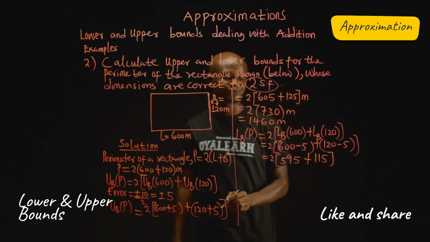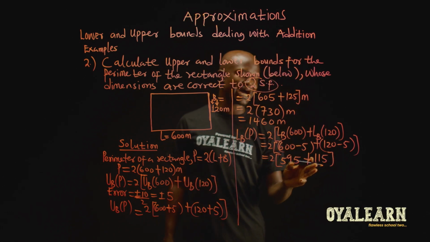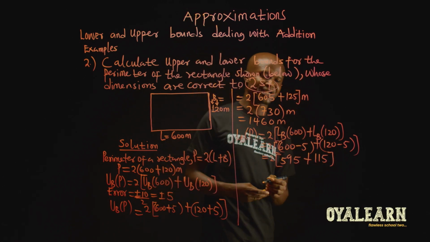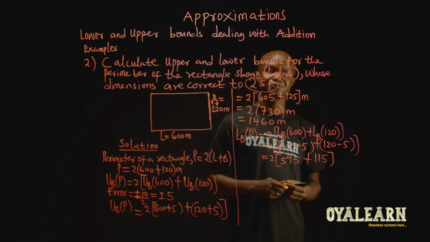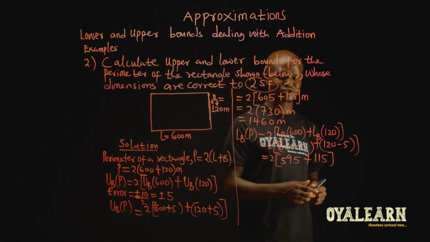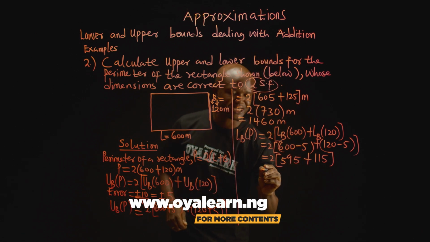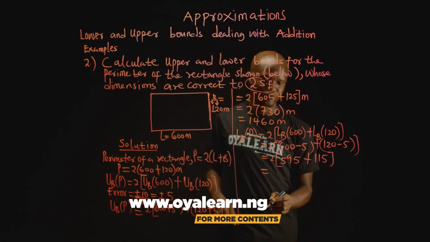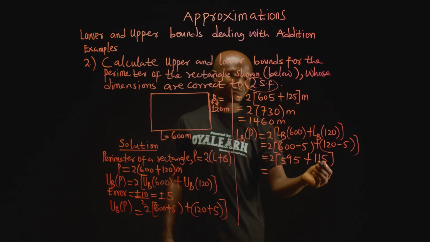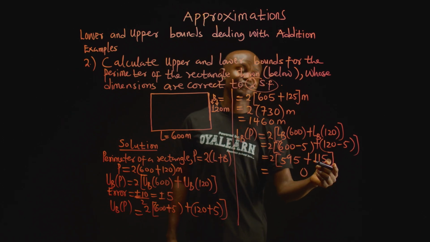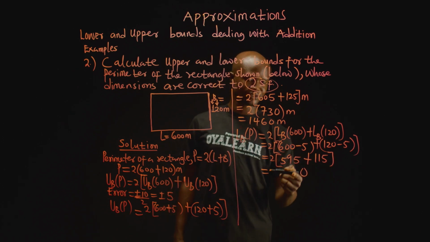Now, if we have 595 plus 115, what would that give us? From the back, we have 5 plus 5, that's 0, carry 1.